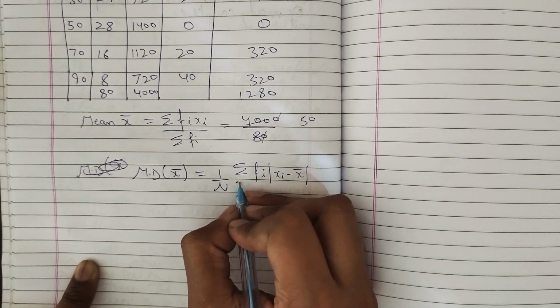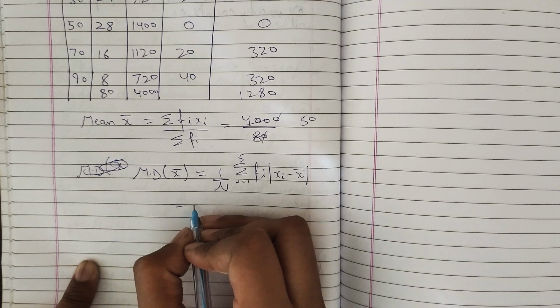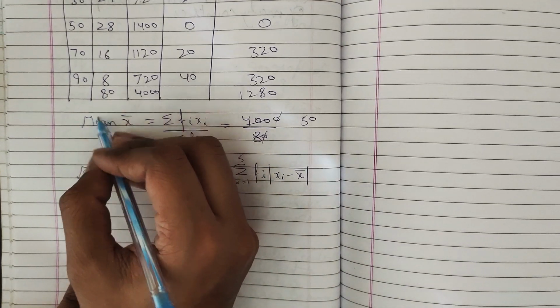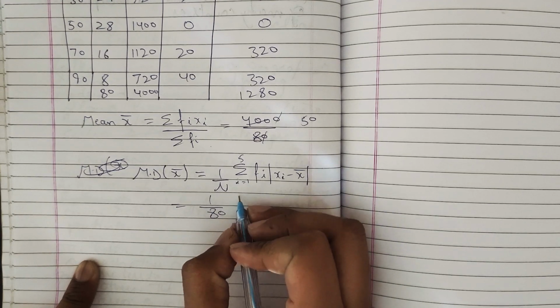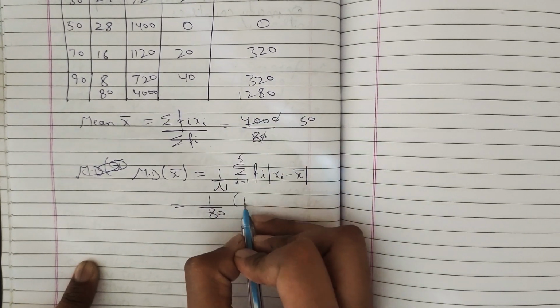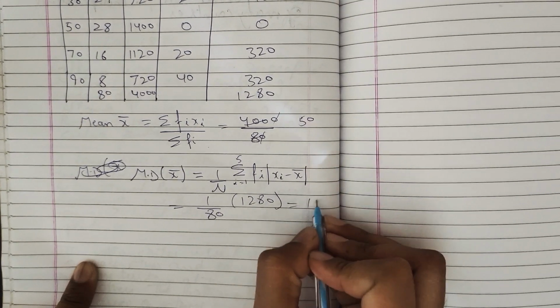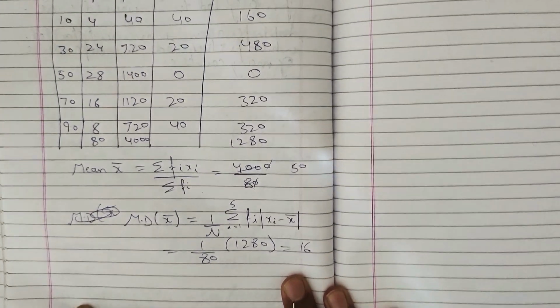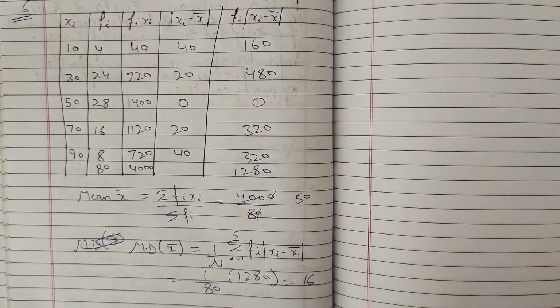Now i value will go from 1 to 5. So 1 upon n, number of terms is 80. So 1 upon 80 times sigma fi |xi minus x bar|, the sum of this is 1280. So this will be equal to 16. So mean deviation about mean for this question is 16. So this is the complete solution. Please pause the video and note down.